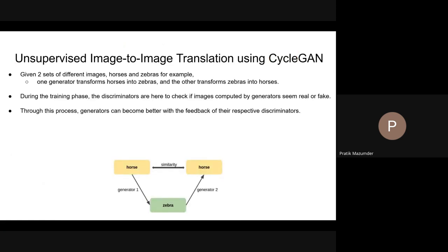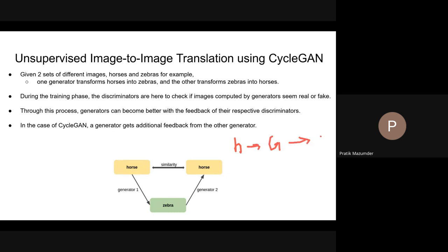During the training phase, the discriminator will check whether the images generated by the other generator seem to be real or fake. And there will be some sort of a cycle relationship. Suppose you have a horse image, you would use a generator to map it to a zebra.